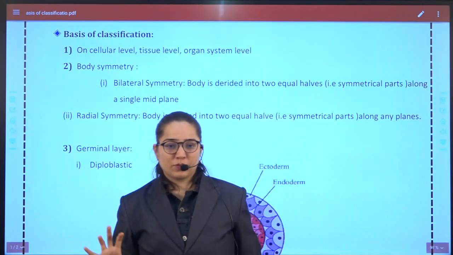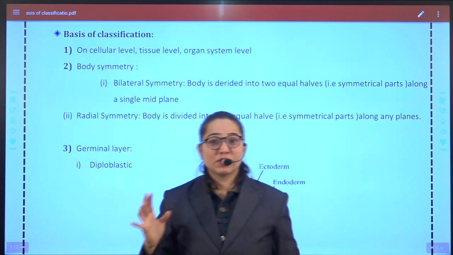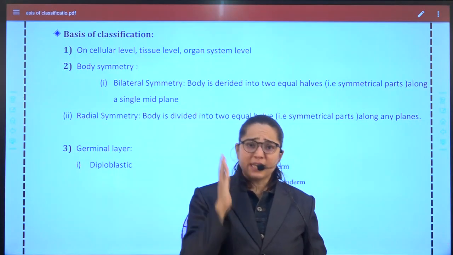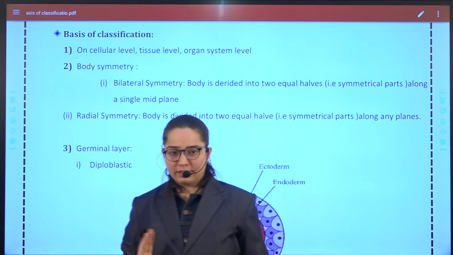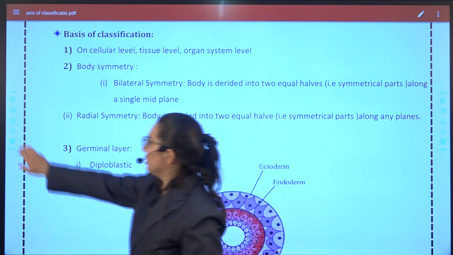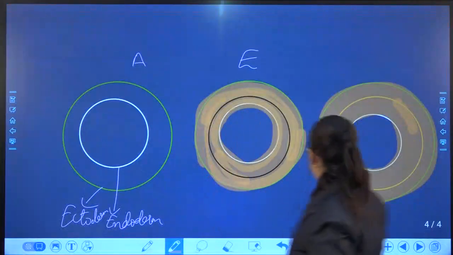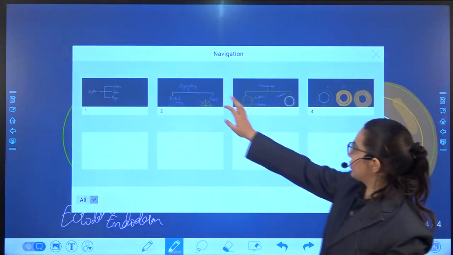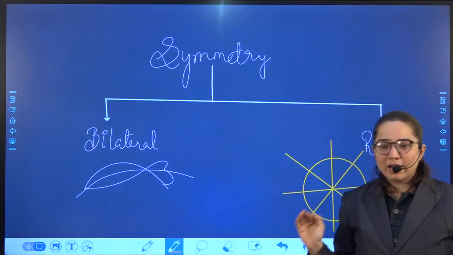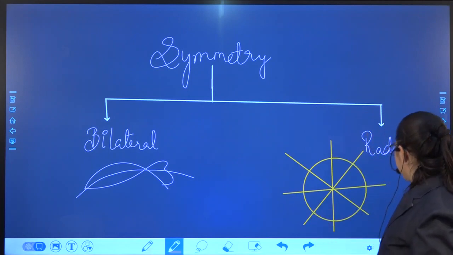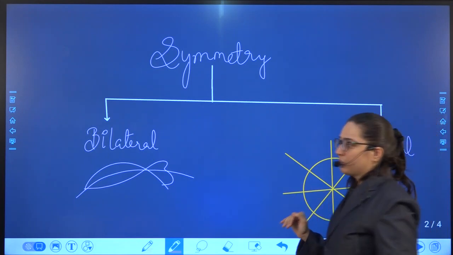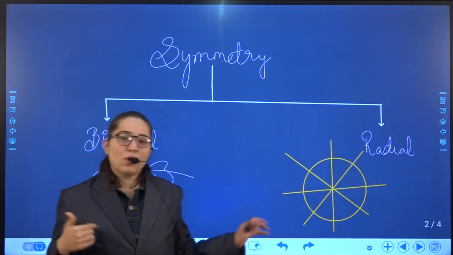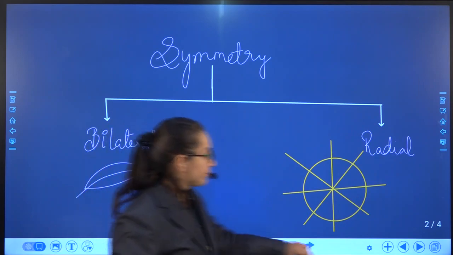What is the basis of classification? It can be divided on the basis of the cellular level, tissue level, or organ level. Coming to body symmetry, it is either bilateral or radial, that is, it can be divided into two equal halves using a single plane.